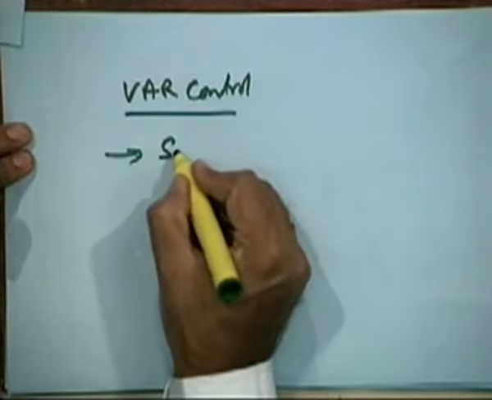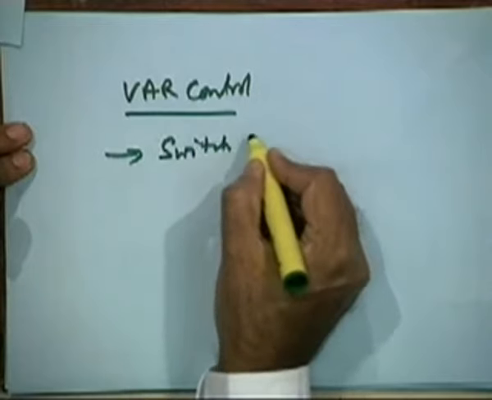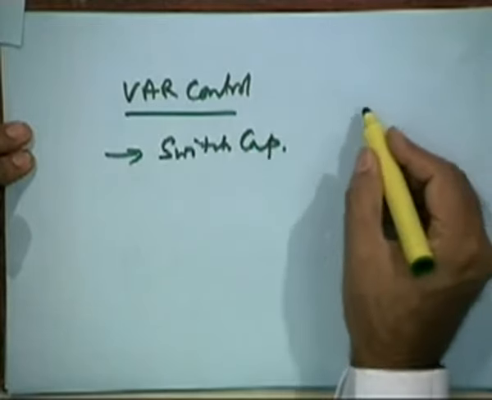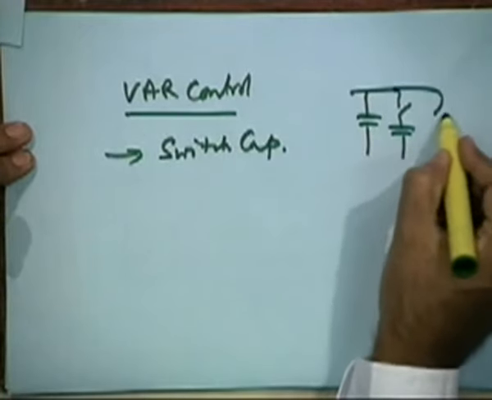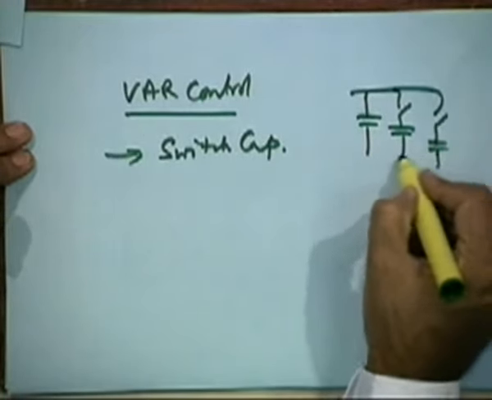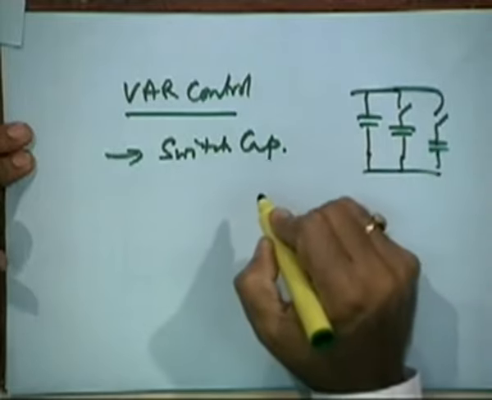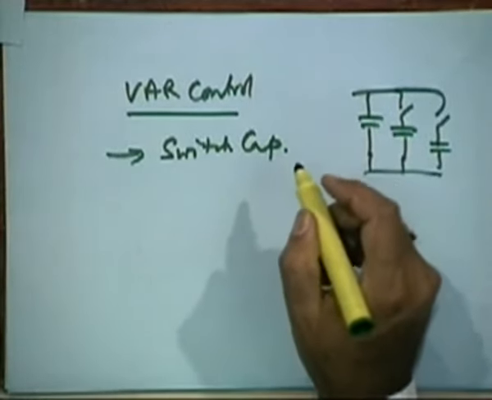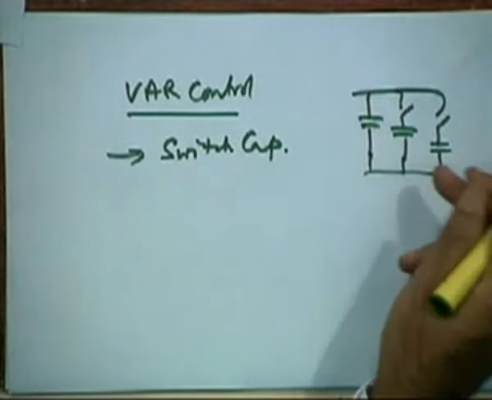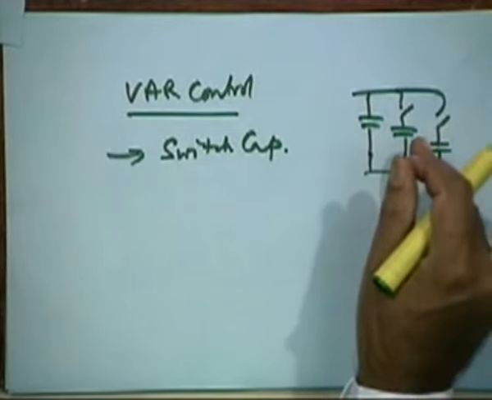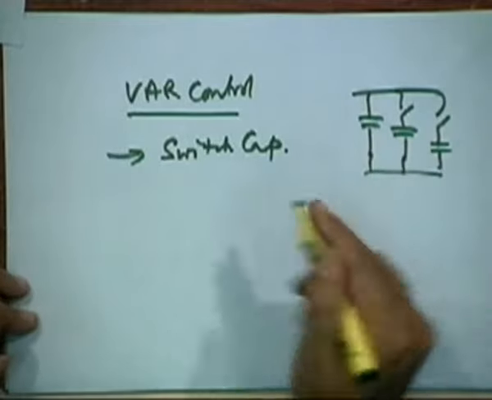One is you can have a switched capacitance. That means you can go and switch the capacitance. Right? This is one way. As the load increases, it cannot be done manually, it must be done automatically. So you need to have electronic switches, right, as it changes.